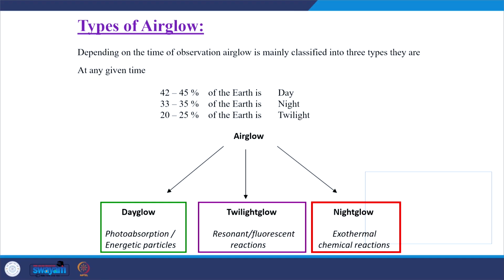All right. The types of airglow depend basically on the time of observation. Generally, 42 to 45% of the Earth at any given time is on the day side, with direct sunlight, and 33 to 35% of the Earth is night, with no direct sunlight, and 20 to 25% of the Earth is twilight, referring to the dawn and dusk periods of the day.